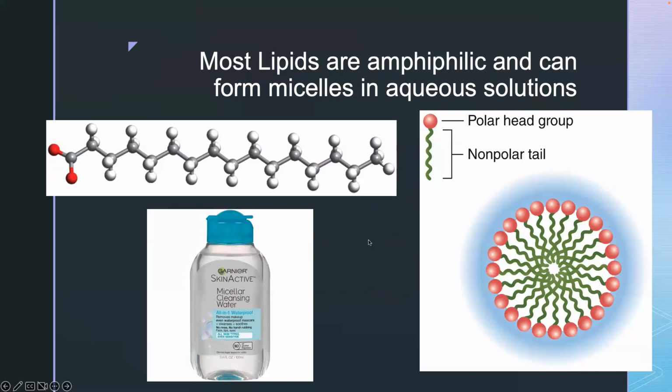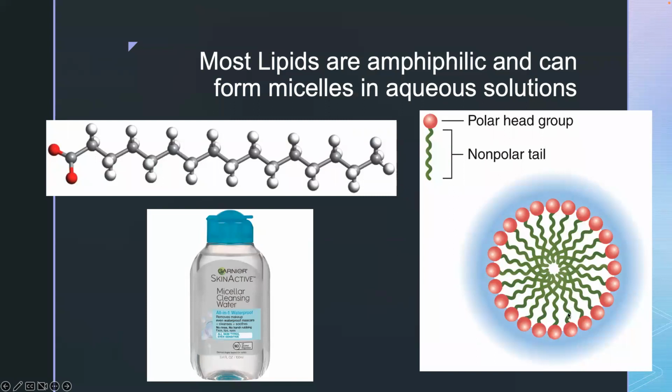Here you can see this molecule that has a long hydrocarbon that is nonpolar or hydrophobic. And then the polar group here has a carbon and 2 oxygens, and that's what makes it polar. And so if you have several of these molecules with a polar head group and a nonpolar tail, then you can form something called a micelle.